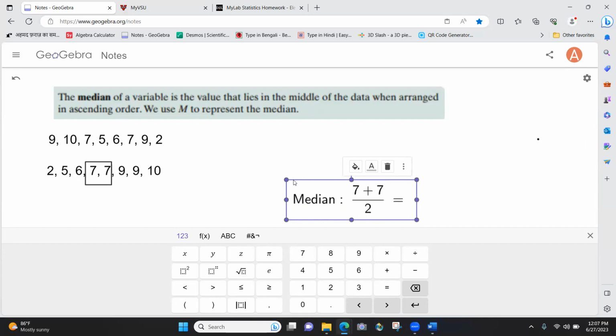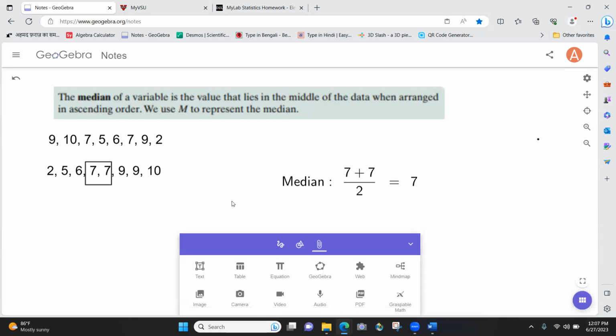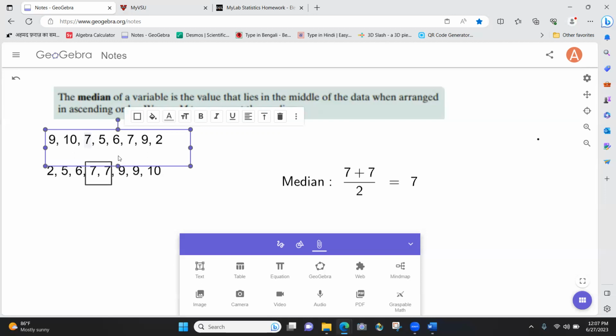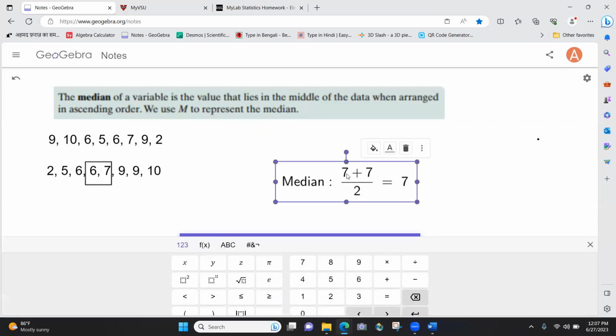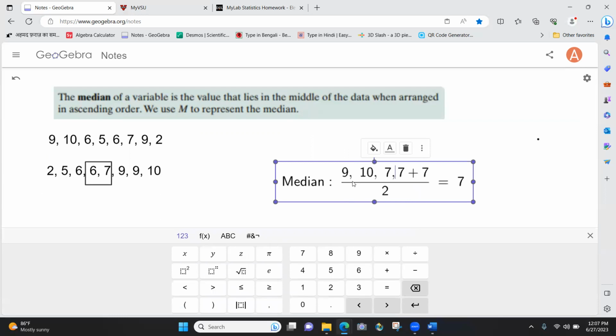Now, 7 plus 7 is 14. 14 divided by 2 is 7. Well, it really doesn't matter. Suppose we didn't have 2 sevens, but we had 2 sixes. How would that change? I have 2 sixes, so this would be a 6. And my median would be 6 plus 7.